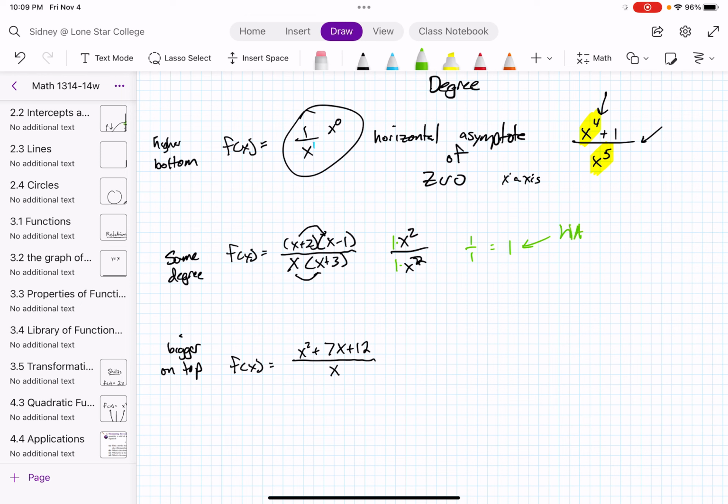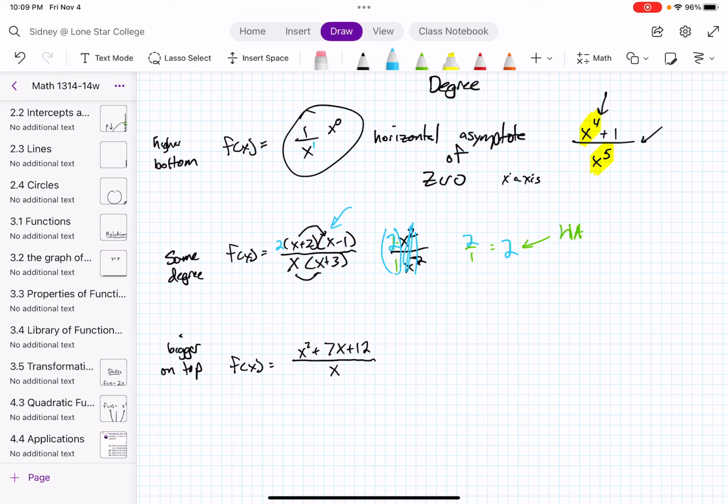Now, if this had changed, if I had simply put a 2 outside right here, then this would become a 2x squared, this would become a 2 over 1, and this would become a horizontal asymptote at 2. So when you look at these leading coefficients, the basic premise is, as x gets larger and larger, even though there's a lot of other stuff that would come after it if we had multiplied all this out, ultimately these two pieces would dominate, and for really large values of x you'd be left with simply the coefficients.